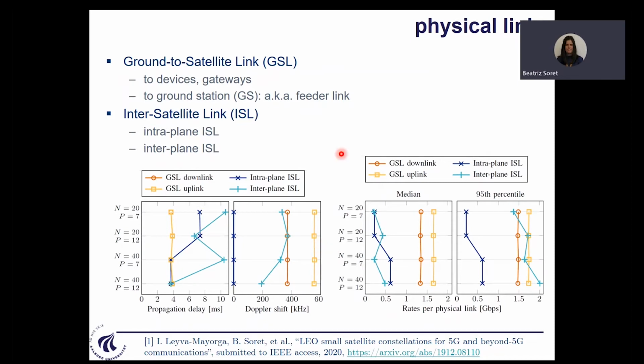So it's one of the main problems to be fixed in communications with LEO satellites. And on the right, you have the rates per physical link. So you have what can be reached for GSL in the downlink and the uplink, and for the two ISL links on the median and on the 95 percentile.